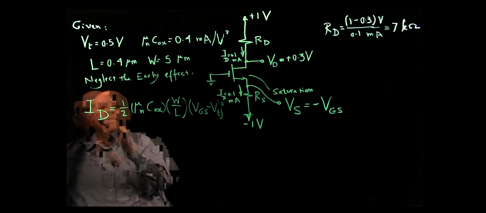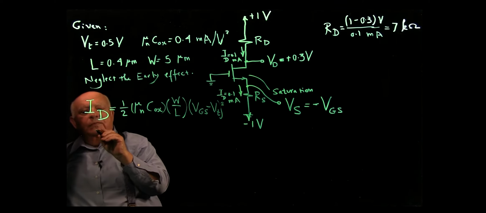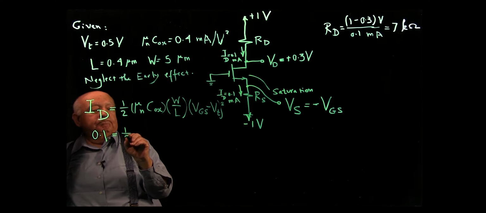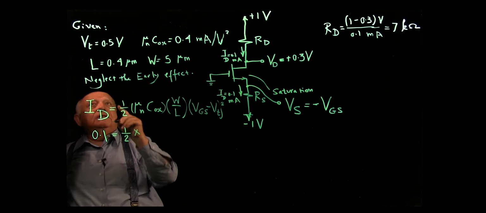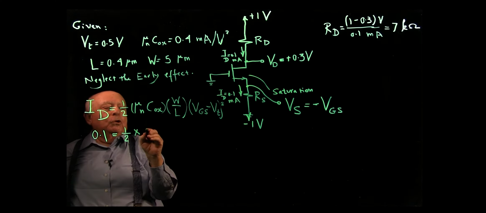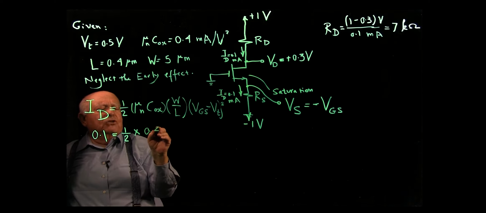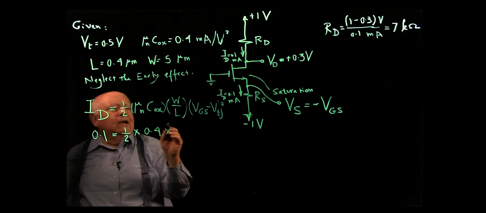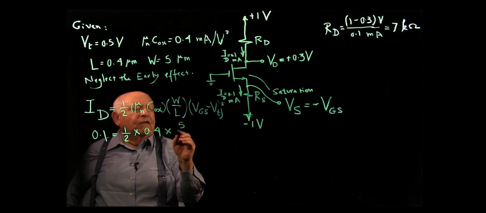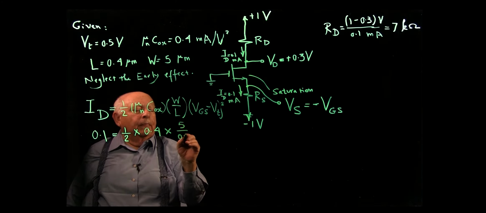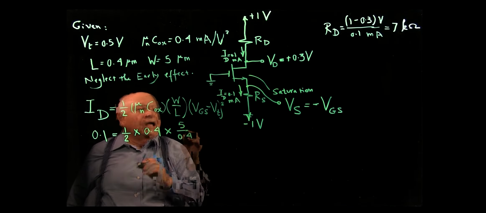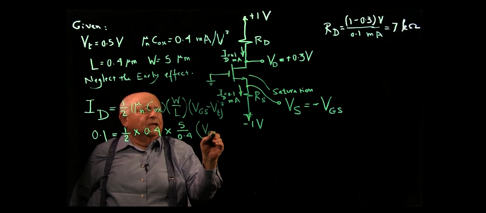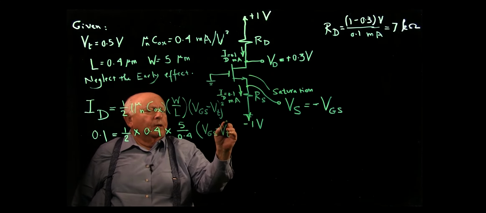Now ID is 0.1 milliamp, equals 1/2 times mu n C ox, which is 0.4 milliamp per volt squared, same dimensions as the 0.1, so we are okay, times W over L, which is 5 divided by 0.4, times (VGS minus VT) squared.